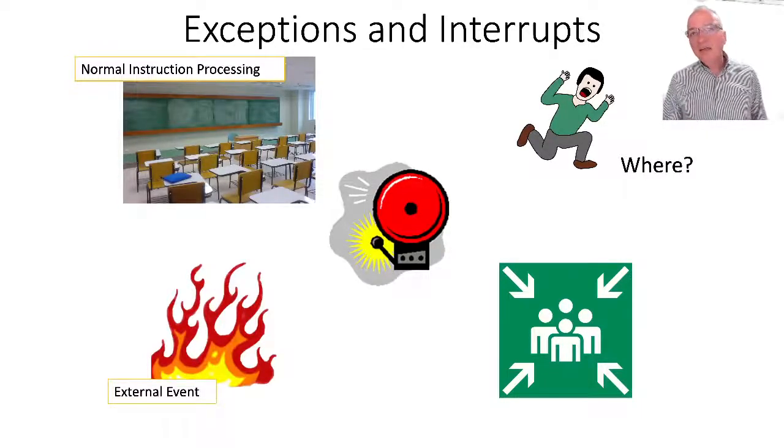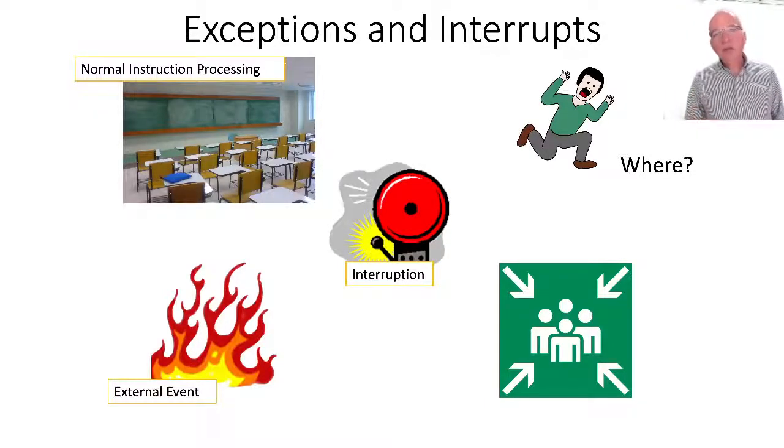The fire is an external event that happens far away from that classroom, and while the fire is starting, we in the classroom have no idea that there is a fire in the building. We are just going about our normal processing. But then the alarm will be an interruption. We're going to stop what we're doing when we notice the alarm, because now we need to do something different that's not the normal processing.